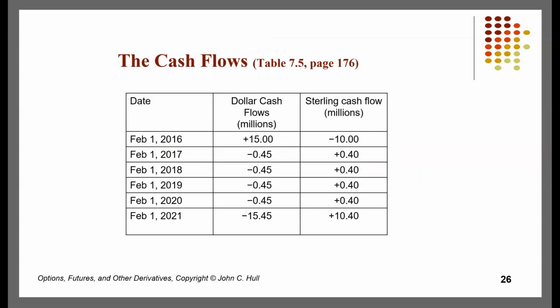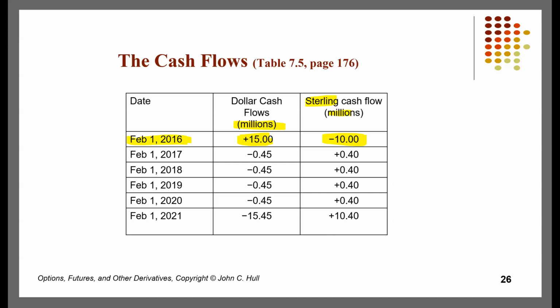In this case, what do we have? We have 15 million that's exchanged for 10 million. In this case, we are working with 10 million in sterling and 15 million in US dollars. Now, if we wanted to look at what the exchange rate is when the contract is initiated, we could simply do the ratio of the two, right?